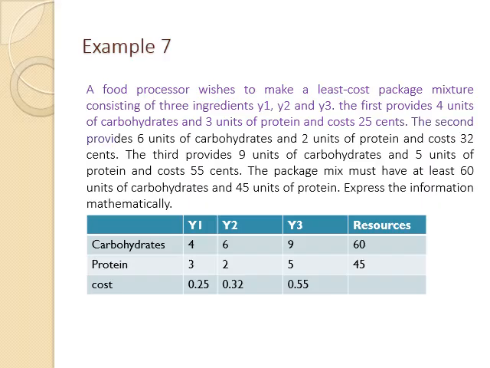The second provides 6 units of carbohydrates and 2 units of protein and costs 32 cents. The third provides 9 units of carbohydrates and 5 units of protein and costs 55 cents. The package mix must have at least 60 units of carbohydrates and 45 units of protein.